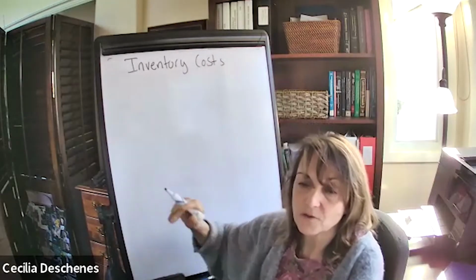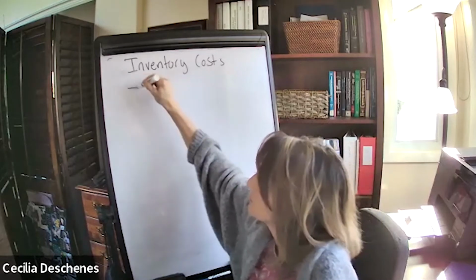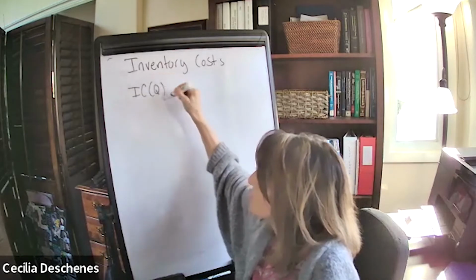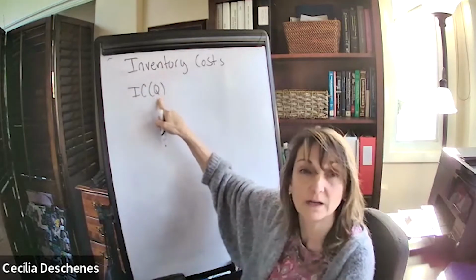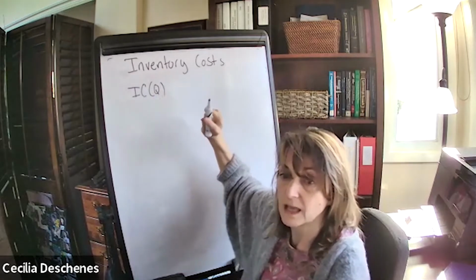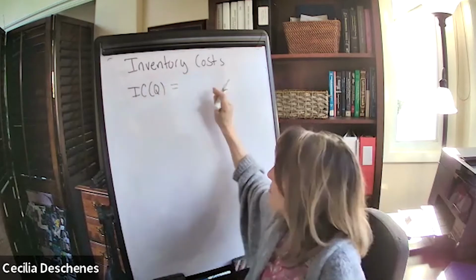So if you remember, I told you, you're not going to have to memorize this, but the inventory cost is a function, instead of a function of x, of quantity, which is the size that you're going to order. And there is an ordering cost.